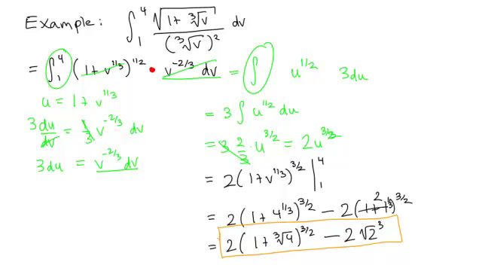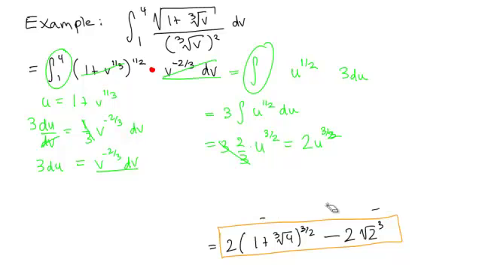Now, what would be the alternate method of getting to this? You could, if you wanted to, change the limits in transit. So rather than actually making the back substitution like I did here, we could change the limits on the integral during the substitution. We take the two original limits, which were v equals 1 and v equals 4, and replace them with their corresponding u values.